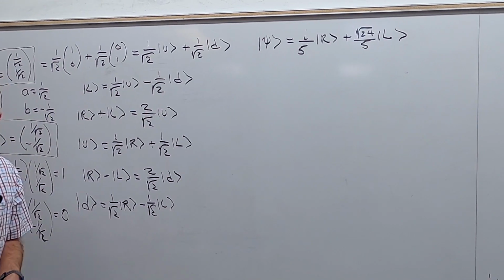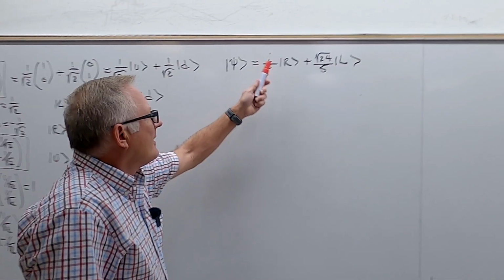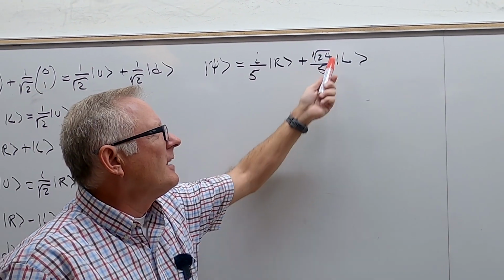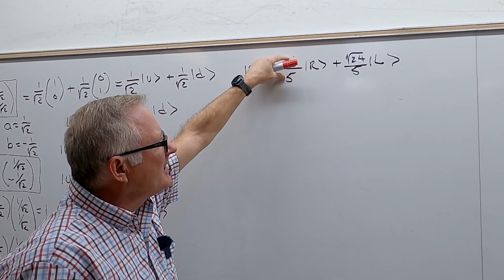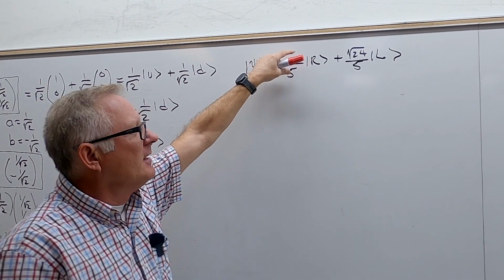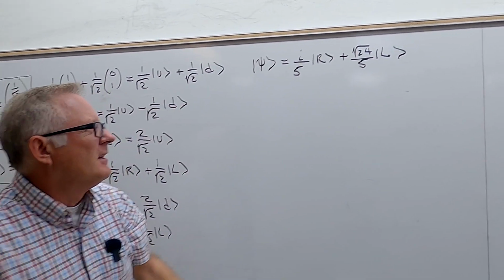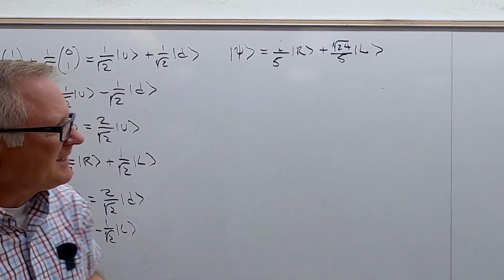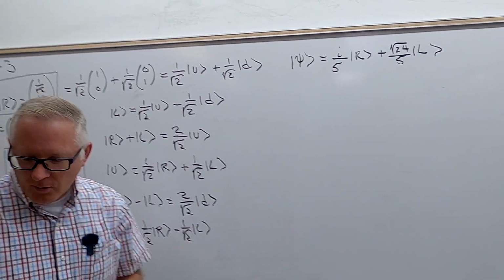Okay, now, is this normalized? This times its complex conjugate plus this times its complex conjugate has to equal 1. Well, this times its complex conjugate is 1/25. This times its complex conjugate is 24/25. 1/25 plus 24/25 is 1. So this is normalized. Remember, all of our vectors always have to be normalized.